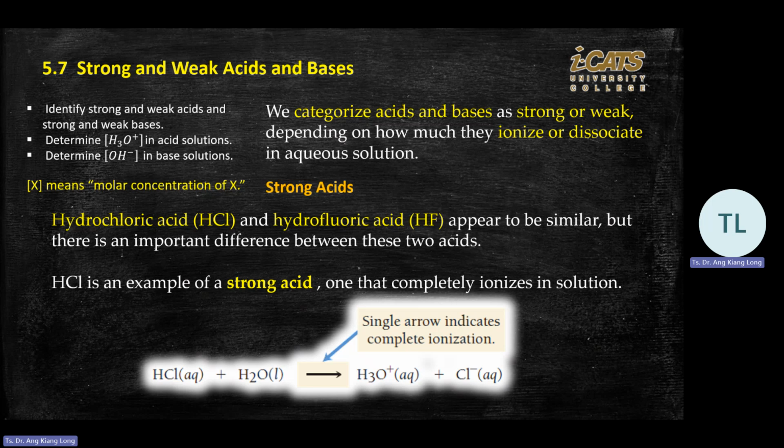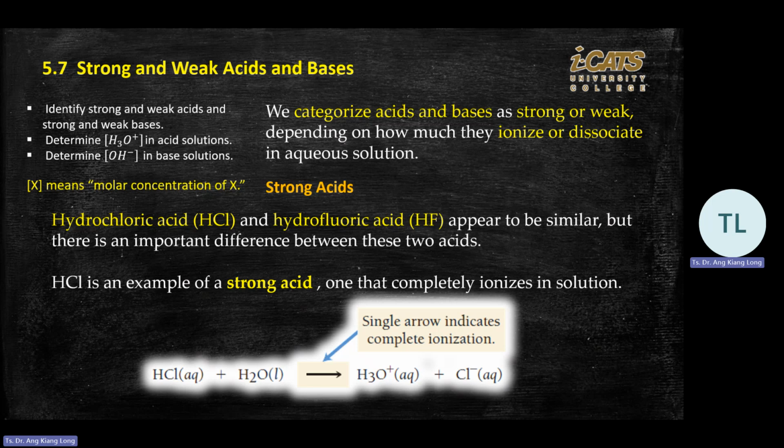If you use a single arrow, it means you are using a strong acid. So if you see strong acid, don't use a reversible arrow. If the question says you are given a strong acid, your stoichiometric equation has a single arrow.